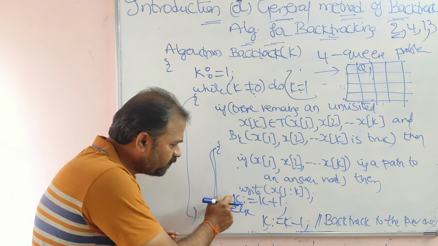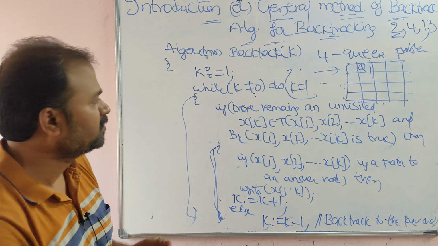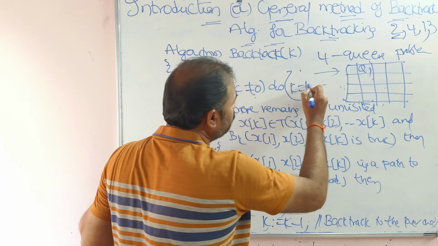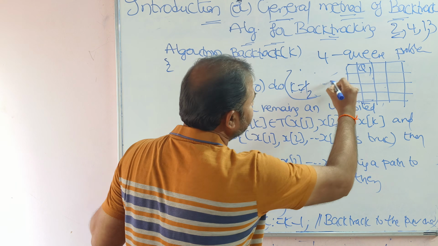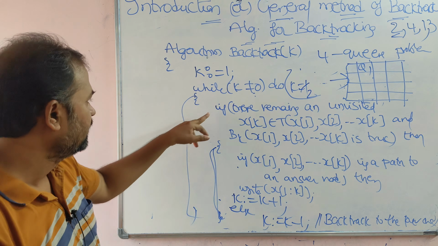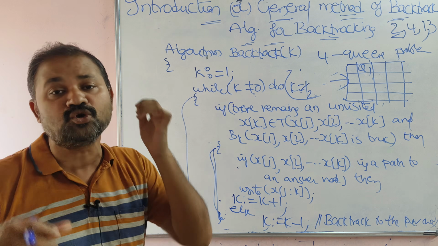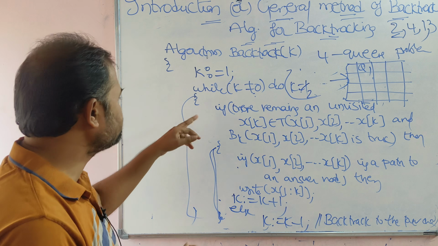After this we have k equals k plus 1. Initially the k value is 1, so now k will become 2. So now we are at the second row. While k not equal to 0: what is k? 2, and 2 is not equal to 0, so the condition is true.